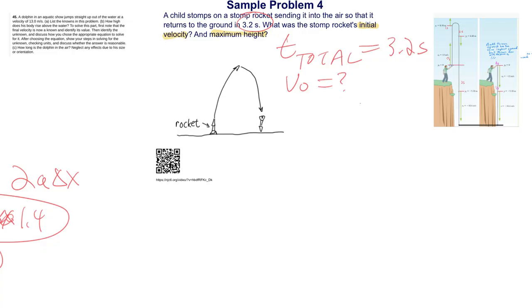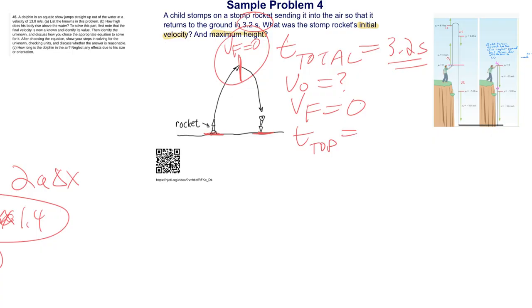I'm going to do a little trick here. I know that the Vf at the top is 0. So that's a little trick I do. And so the time to get to the top is half the total time if it lands in the same place that it started from, same level.